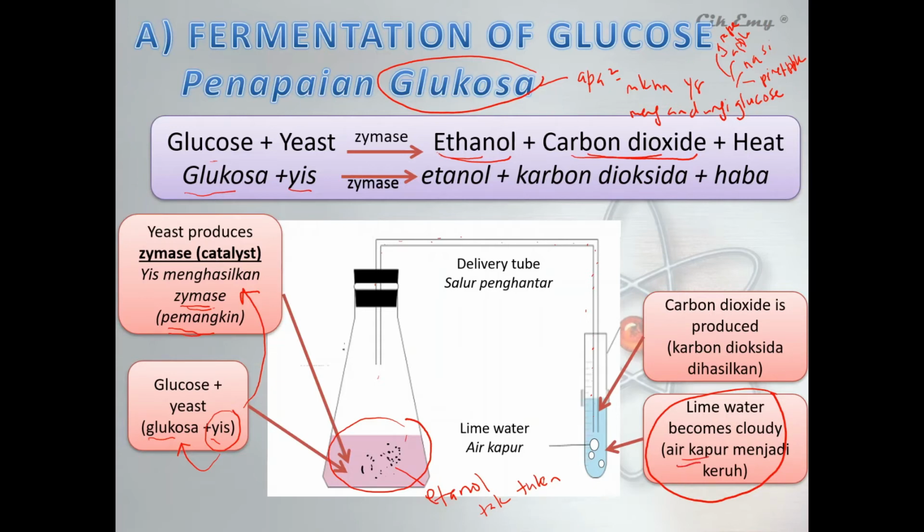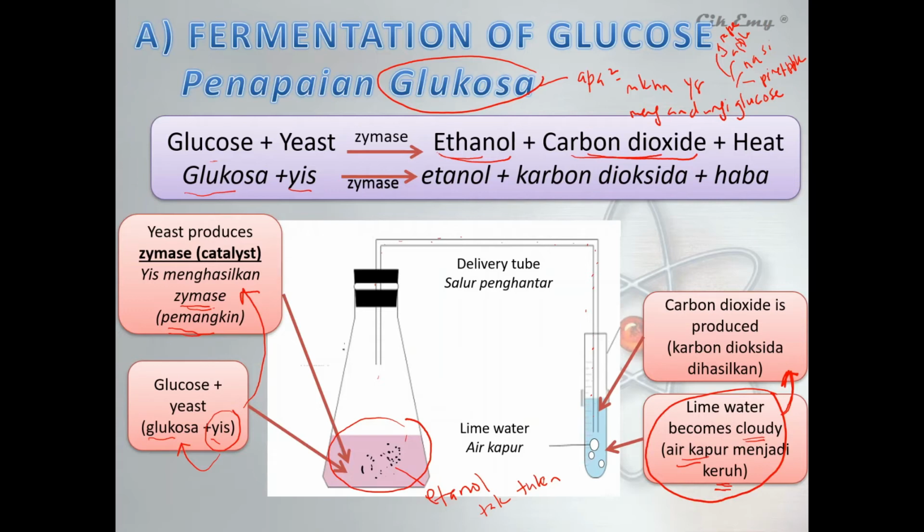So after a few hours, this lime water will become cloudy. Air kapur ni akan menjadi keruh. Why? Because of the presence of carbon dioxide produced during the fermentation process. Kenapa dia jadi keruh? Sebab adanya karbon dioksida yang dihasilkan melalui proses penapaian.